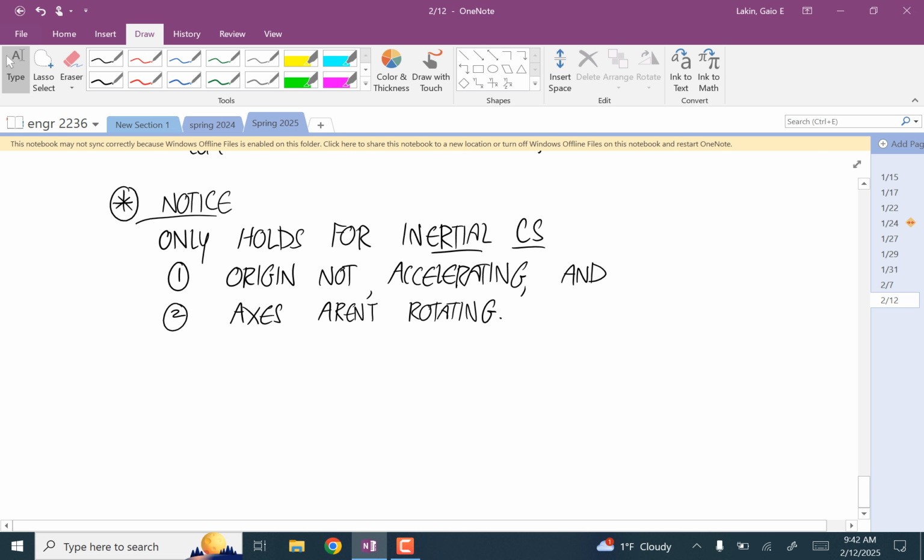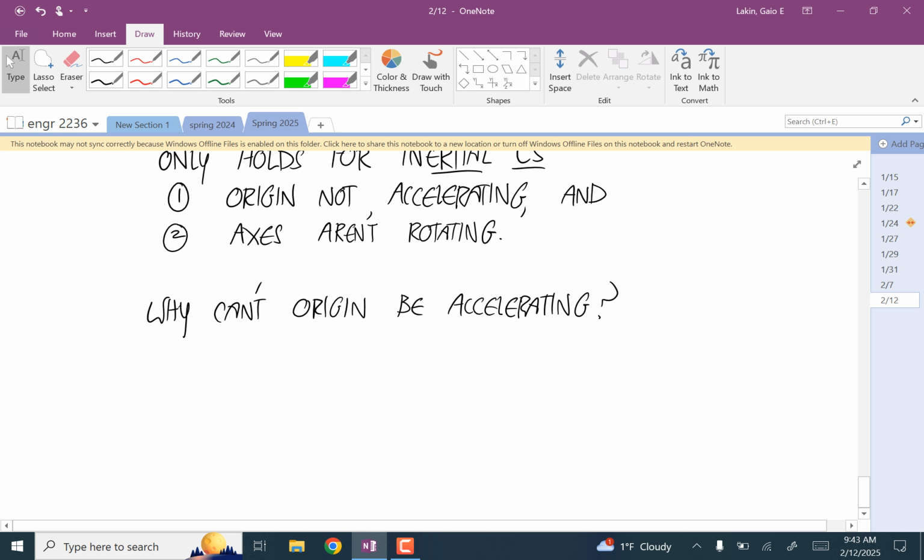Okay, let's think about why this is for a second. So why can't the origin be accelerating? Let's think about somebody in an elevator, and let's say that they're standing on a scale that's like our force sensor.